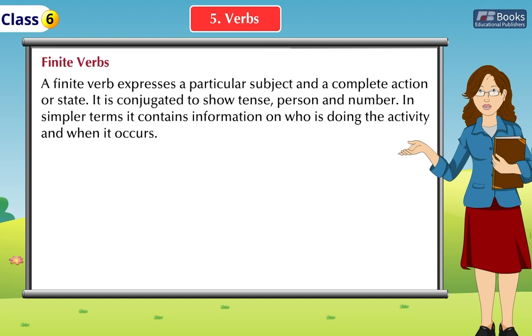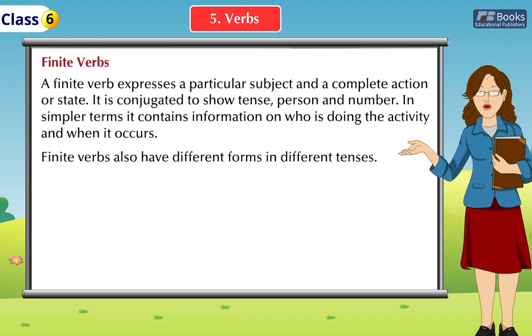Finite verbs. A finite verb expresses a particular subject and a complete action or state. It is conjugated to show tense, person, and number. In simpler terms, it contains information on who is doing the activity and when it occurs.